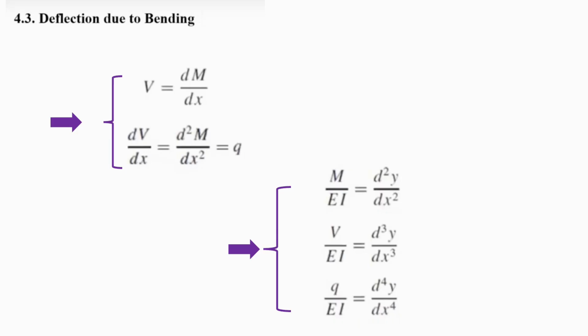And similarly, q over EI would be equal to the fourth order derivative of the deflection function with respect to x, because please note that q is the first order derivative of shear force and the second order derivative of bending moment with respect to x. So this is the reason why q over EI is the fourth order derivative of the deflection function with respect to x.